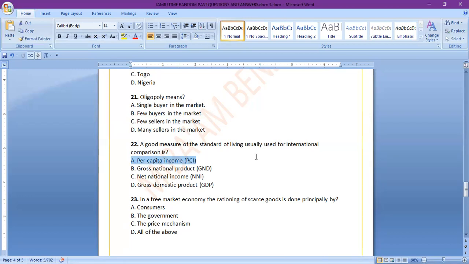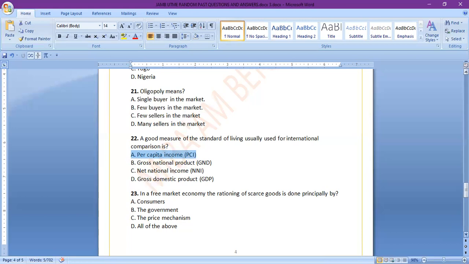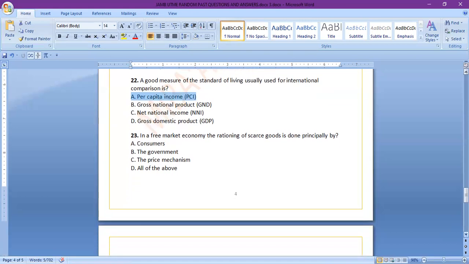It's usually done in dollar rate. At some point it used to be $1 a day, and then I think of recent it has been increased to about $1.5. So how to calculate the per capita income is to get the GDP and then divide it by the total population, and then that's when you know how much each individual is entitled to from the economy. So the answer is A.